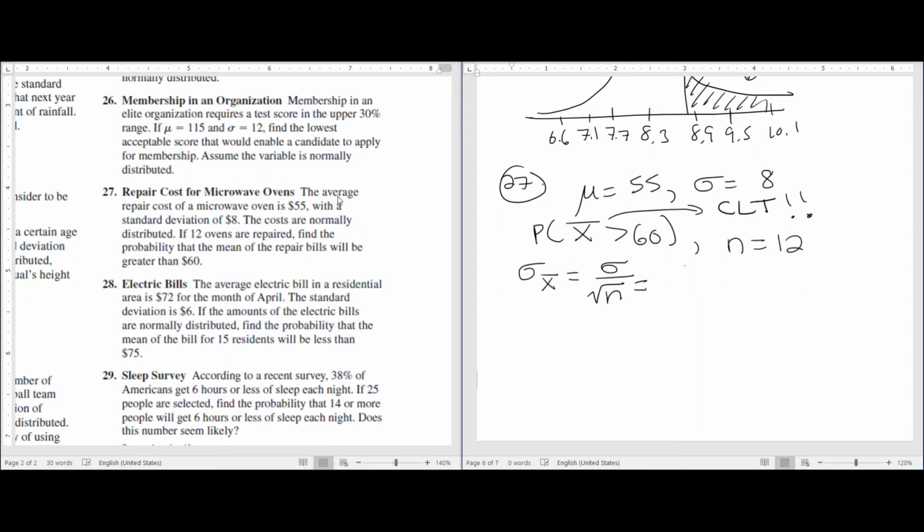So it's 8 over square root of 12, which is about 2.3, so $2.30.